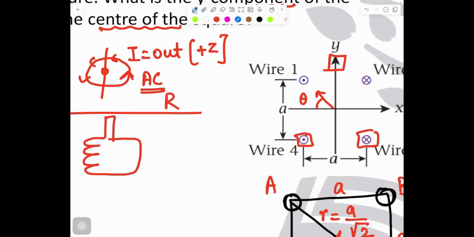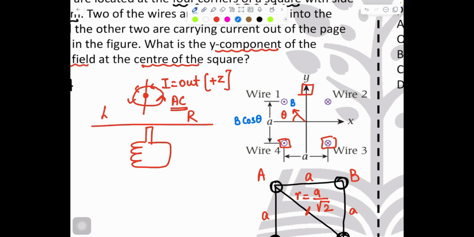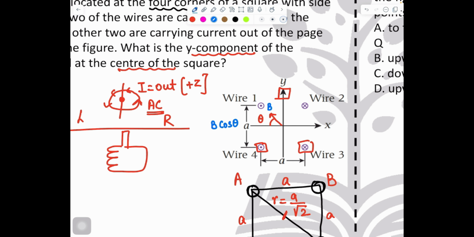If this is your magnetic field B, this will become B cos theta, and this side will become B sine theta. Clear? If it is in the middle, then theta equals 45 degrees.